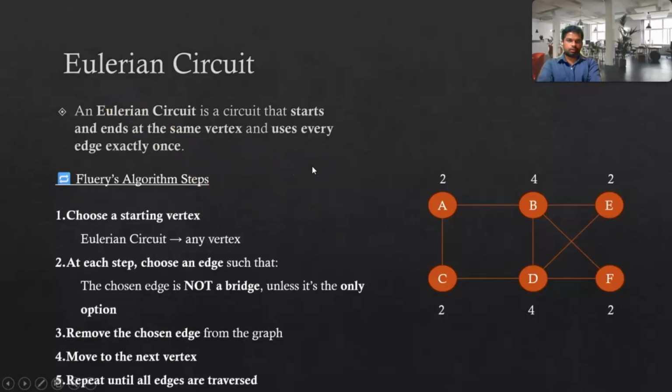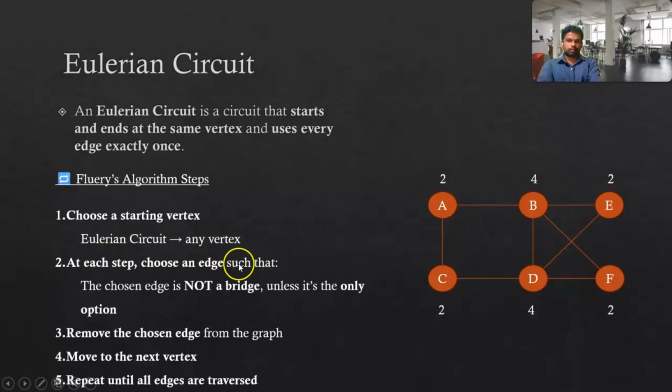To find an Eulerian circuit, we can use Fleury's algorithm. There are again 5 steps. Choose a starting vertex. Any vertex. You can start from any vertex in the graph.